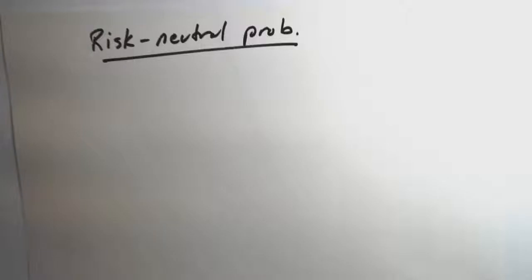This is a bit tricky to wrap your head around, but we're dealing with risky assets. A stock by itself is risky. You know that. A call by itself is risky. A put by itself is risky because it could go in or out of the money at expiration. A stock can go up or down.